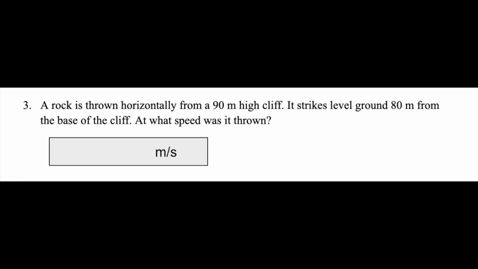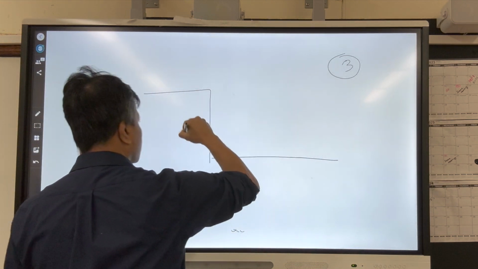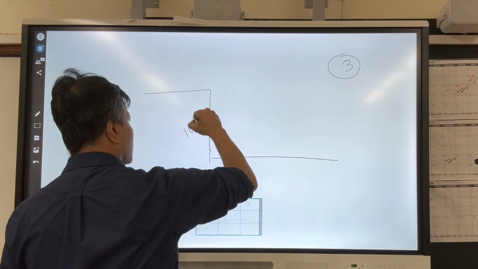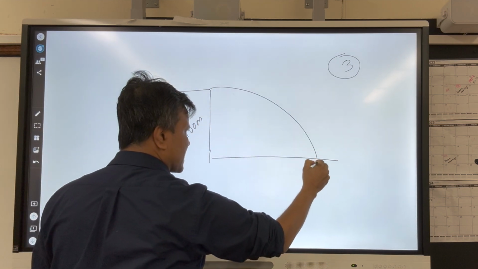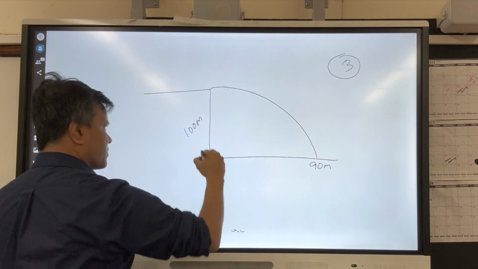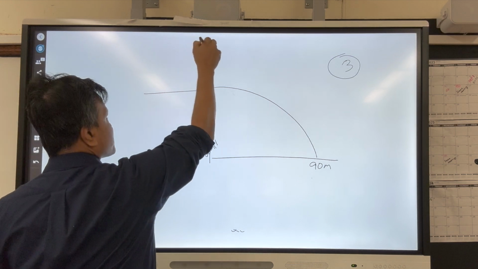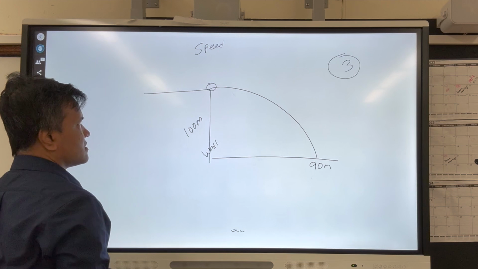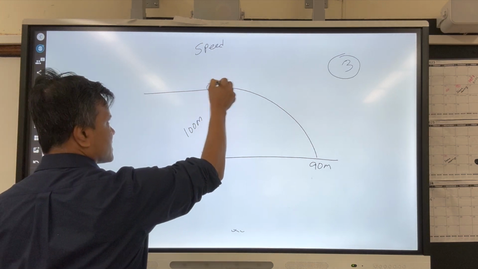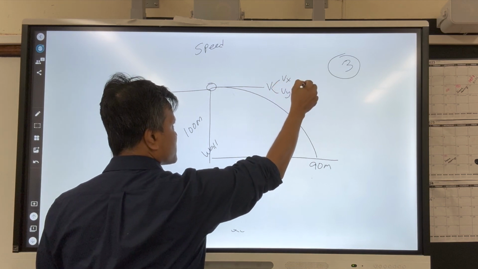But a rock, right, from the rooftop, which is 100 meters above the ground, falls exactly 90 meters away from the wall. I want you to find the speed that you throw the rock at. You know that the velocity has two components, Vx and Vy, and Vy is always 0.